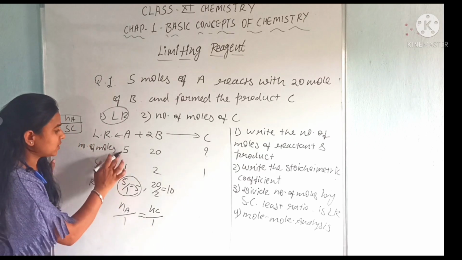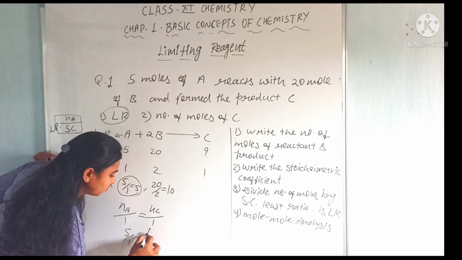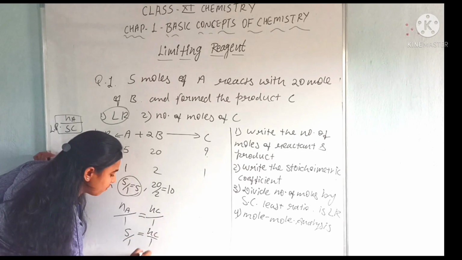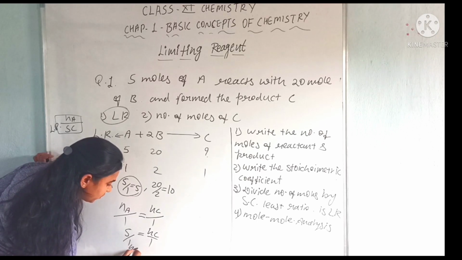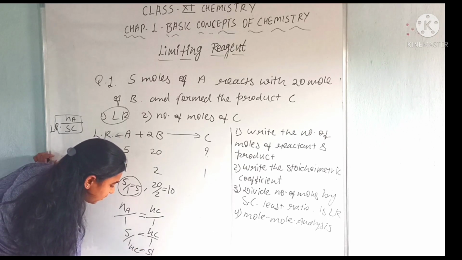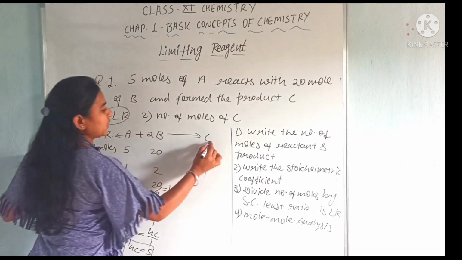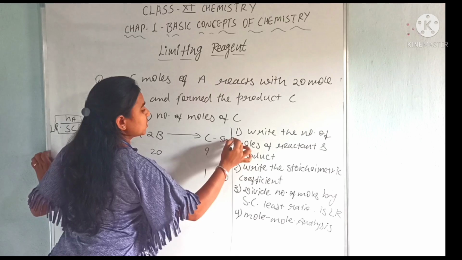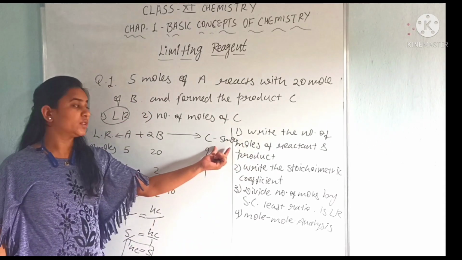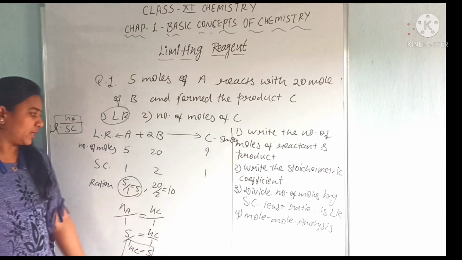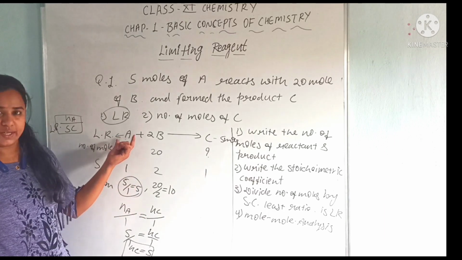Number of moles of A is 5, so 5 by 1 equals number of moles of C by 1. So the number of moles of C is 5. This is the answer. So the number of moles of product is 5 moles. In this way we can find the number of moles of product or any reactant by the mole-mole ratio, and also find the limiting reagent.